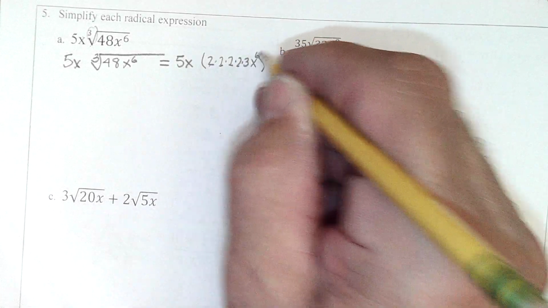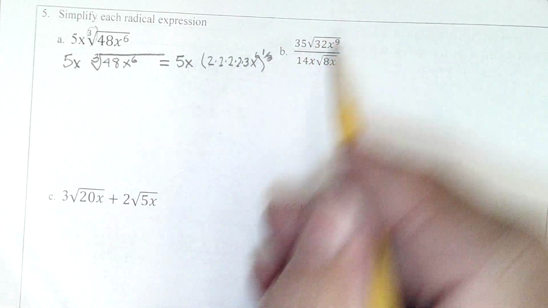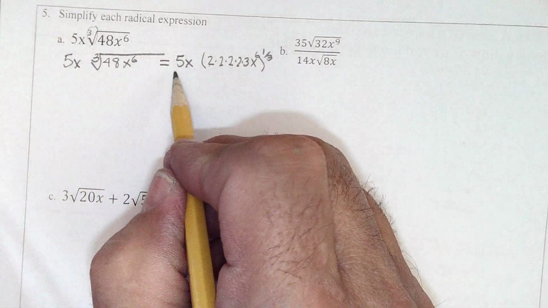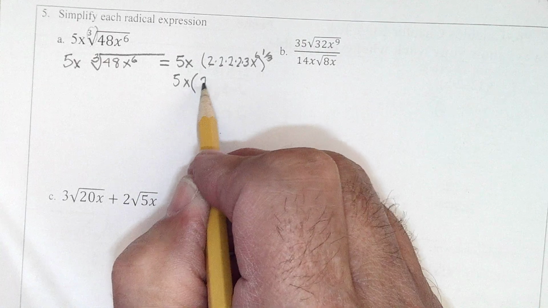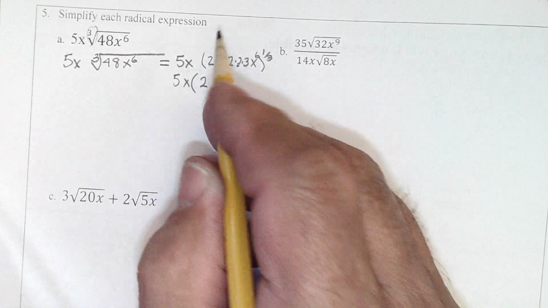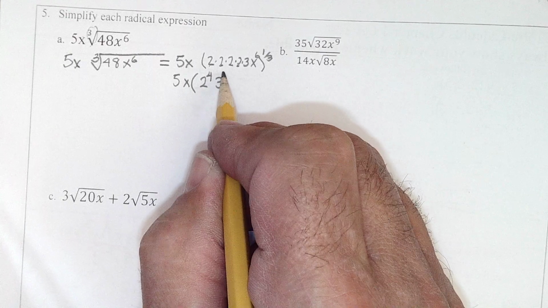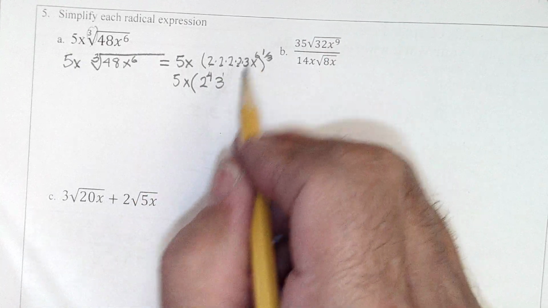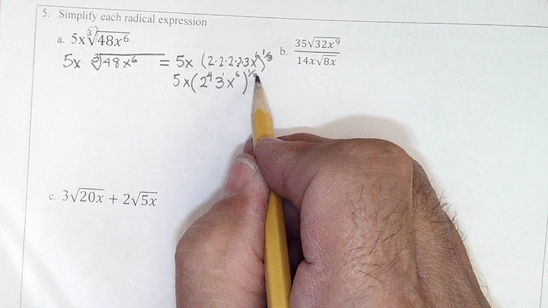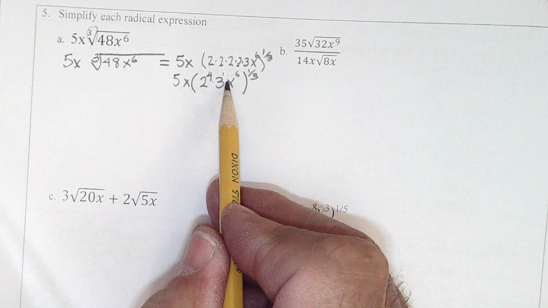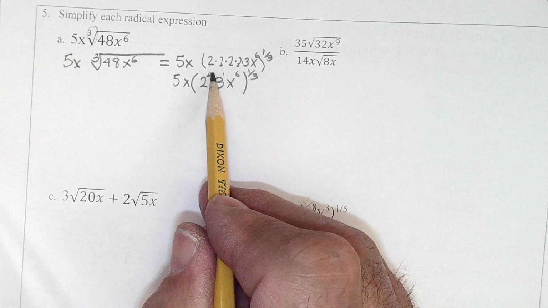X to the 6th. And we're doing the 1/3 power. So we got 5x, 2 to the 4th, a 3, understood 1 power, and x to the 6th power to the 1/3. This is all multiplication, so I can distribute the 1/3 times each of the powers.